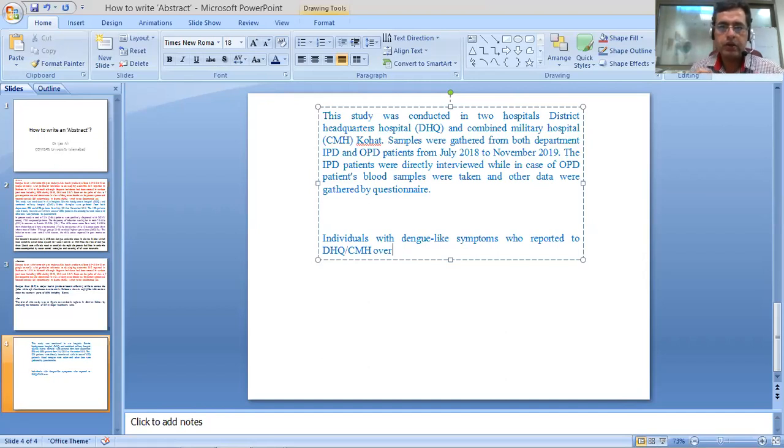When you are going to determine prevalence of a particular condition, then you don't have to describe this particular period. But when you are talking about incidence of a particular disease, you should describe the time period, that how much was the time span in which you conducted this particular study.